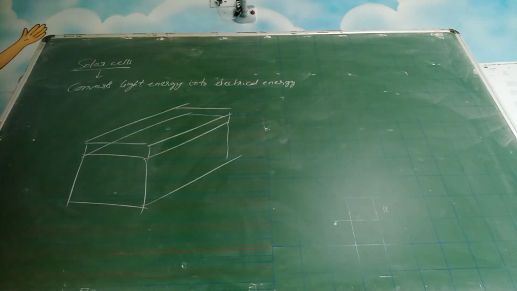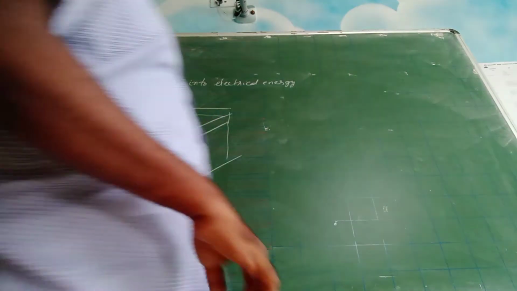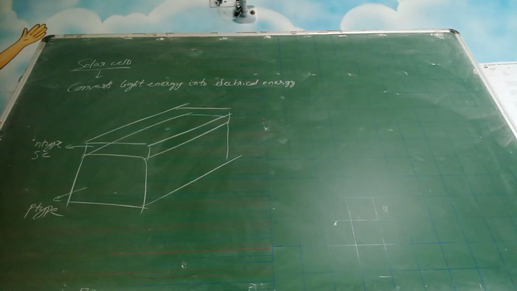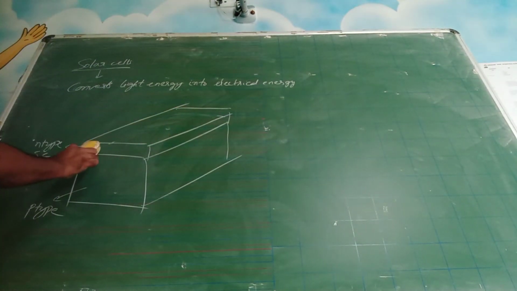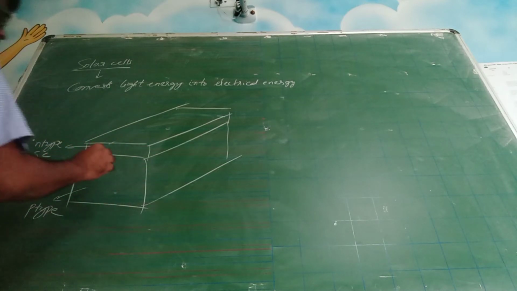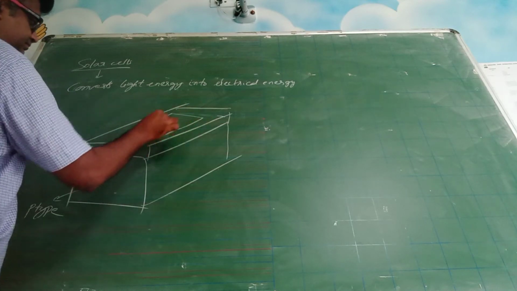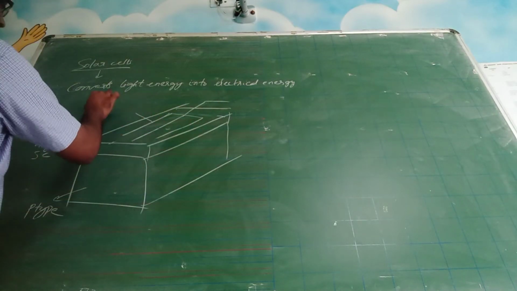The construction is like this. There is a P-type semiconductor here. There is an N-type semiconductor here. So this is the roof part. I just wanted to show that there is a P-type, there is an N-type, and on top of this, for conduction purpose, they keep metal fingers.